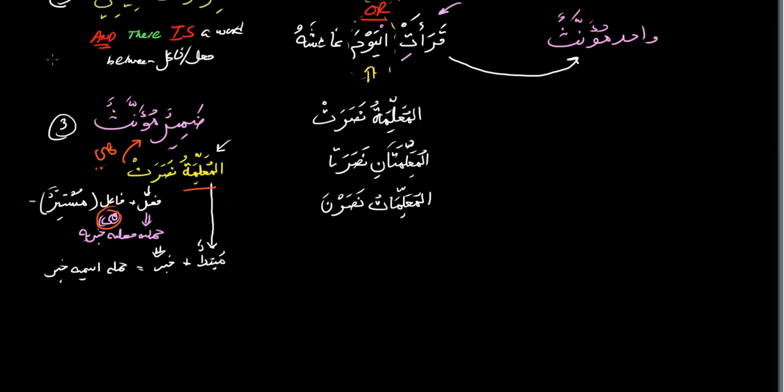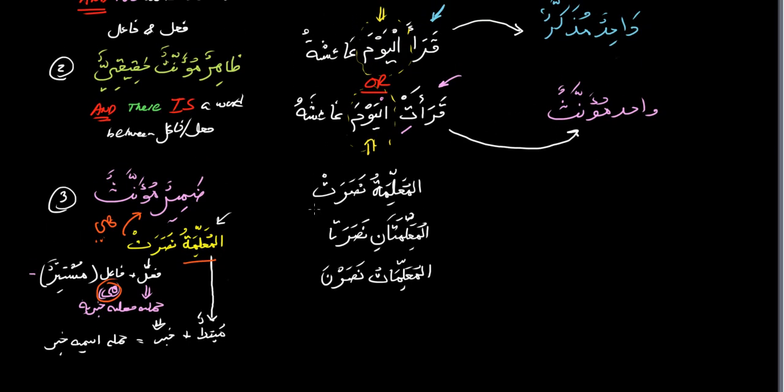So what's the fi'l going to be? If the fa'il is a damir mu'annas, then the fi'l is going to be mu'annas in its singular, dual, and plural form.